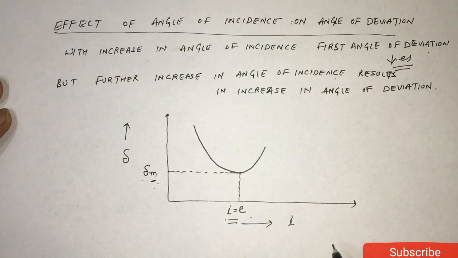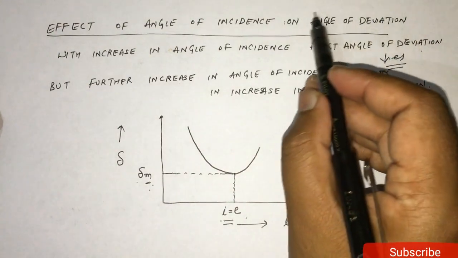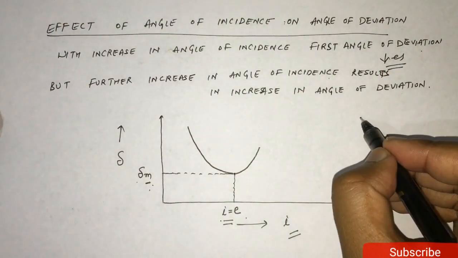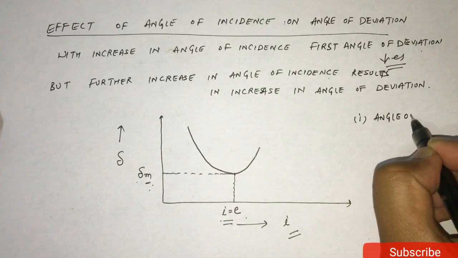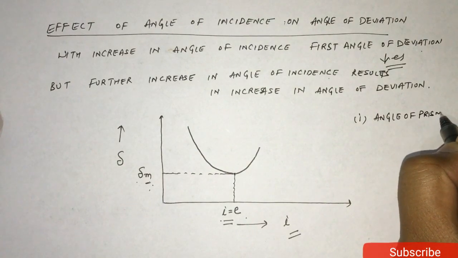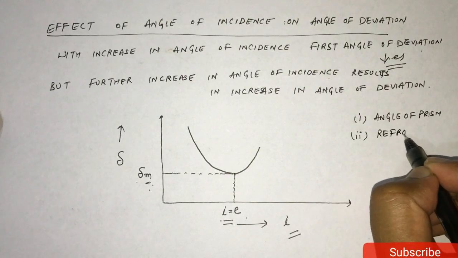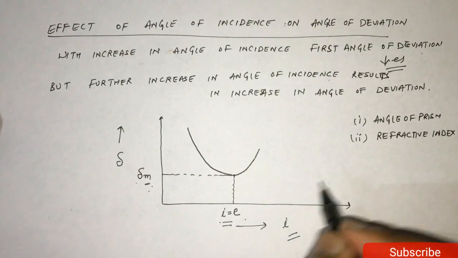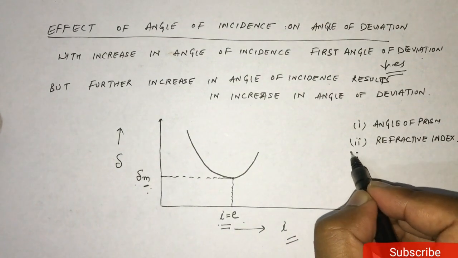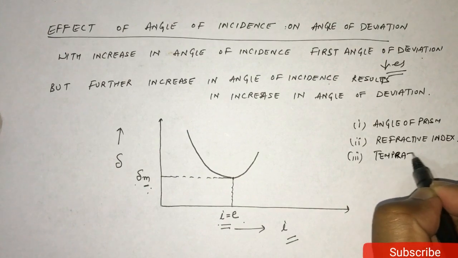Remember this point. When the angle of deviation becomes minimum, in that case the angle of incidence is equal to the angle of emergence. So let's recall all the factors on which this angle of deviation depends. First, we had studied about angle of prism. Second, refractive index. Clear? Third, temperature.